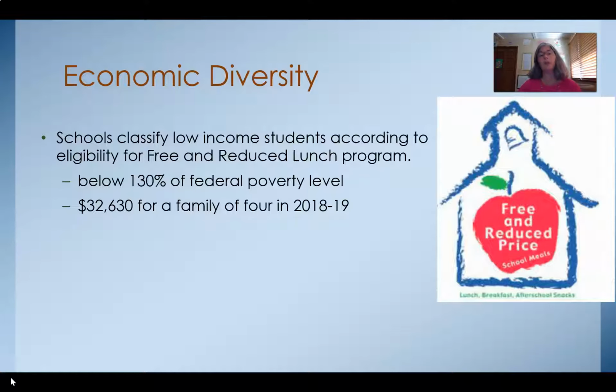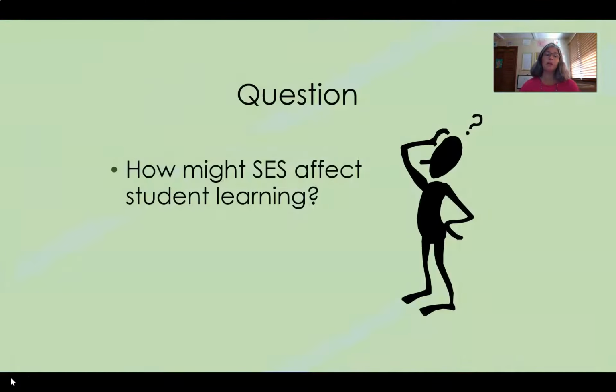For instance, in 2018-19, for a family of 4, that would be a household income of $32,630 or less. So again, back to our question, how might SES affect student learning? If you're not familiar with the term SES, that is socioeconomic status, which refers not just to income, but also to family's educational level.